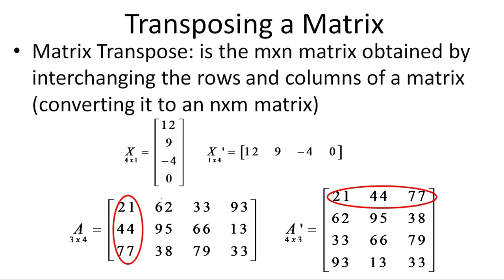And the first row in matrix A becomes the first column in the transpose matrix. The second row in the original matrix becomes the second column. So you just do that and you transpose it. That becomes the transpose matrix. That's it. Thank you.